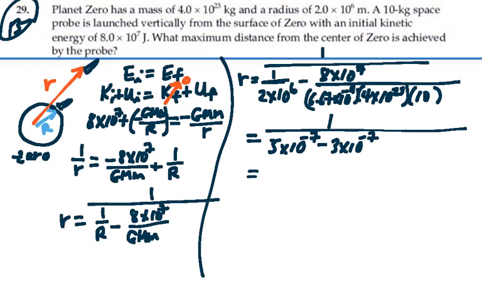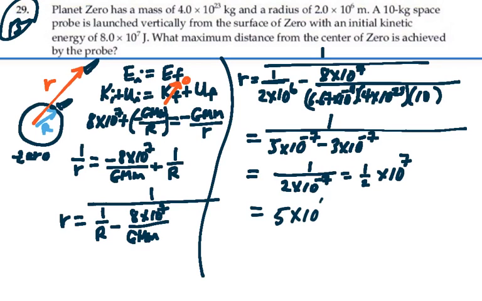So this is going to be 1 over 2 times 10 to the minus 7, which is 1/2 times 10 to the 7, which is going to be 5 times 10 to the 6 meters.